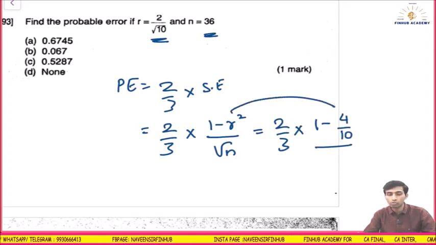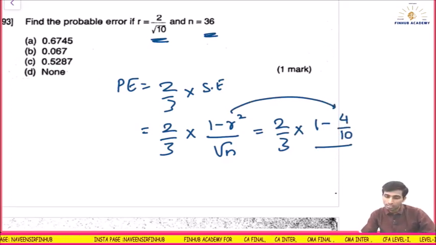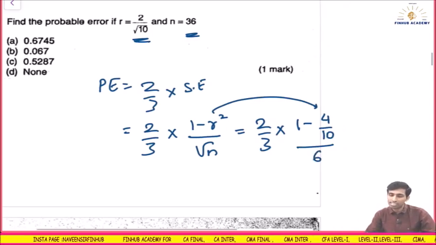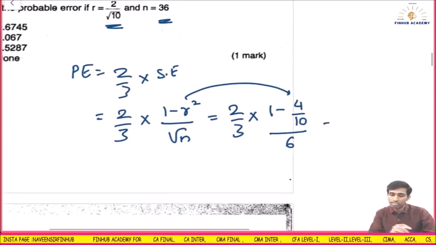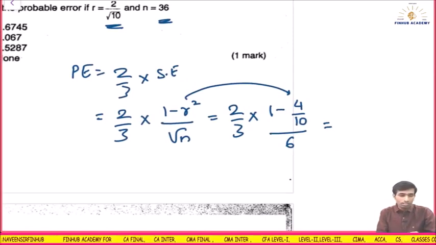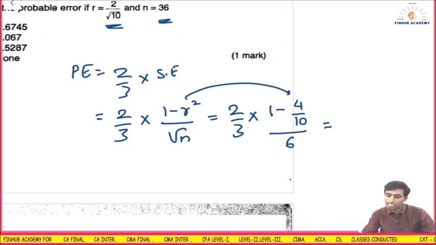Okay, square of this 2 by root 10: 2 square will be 4, root 10 square will be 10. Understood? Okay, so 4 by 10 upon root of 36. Root of 36 is what? 6. Root of 36 is 6. We have to calculate this. 4 divided by 10 will be 0.4. 1 minus 0.4 is 0.6.